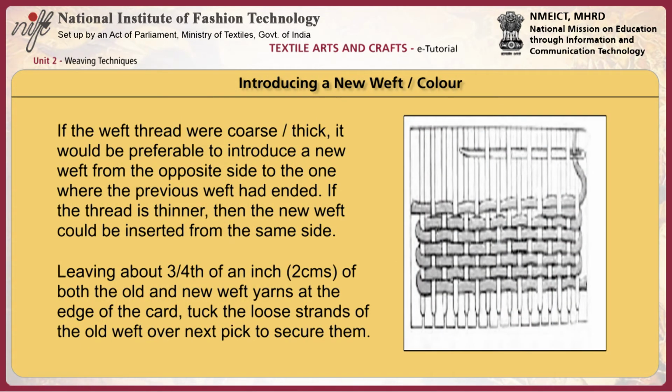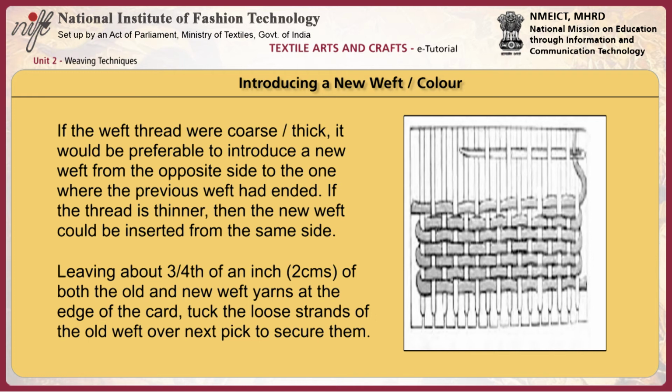If the weft thread is coarse or thick, it would be preferable to introduce a new weft from the opposite side to the one where the previous weft had ended. If the thread is thinner, then the new weft could be inserted from the same side.